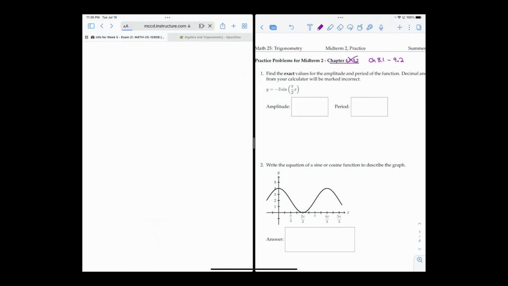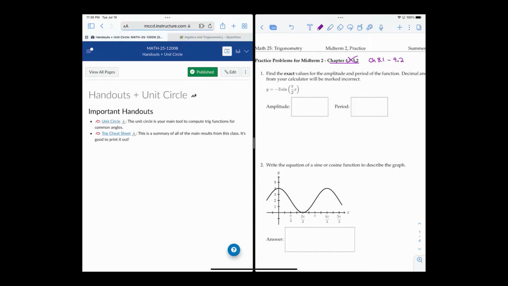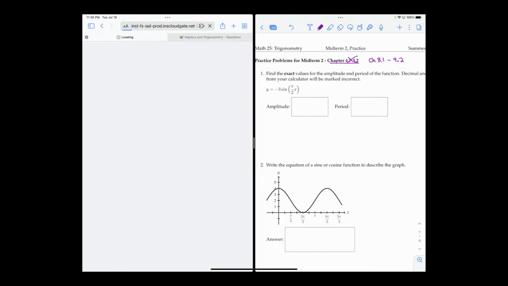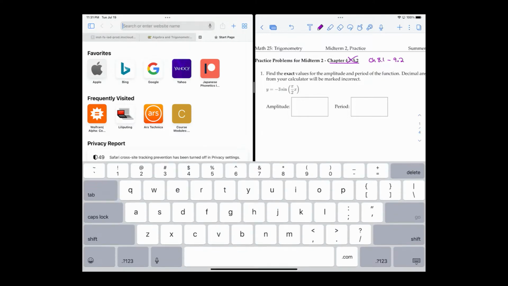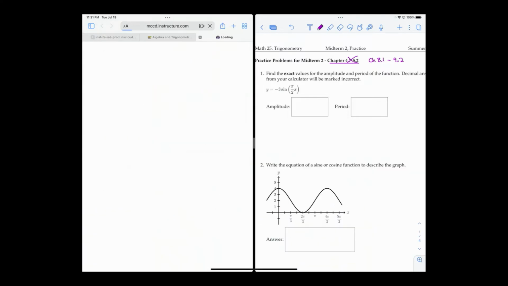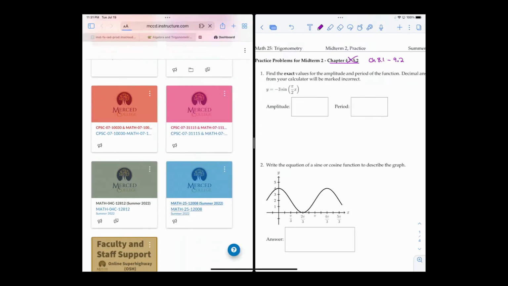That's just another copy of the exam. We're probably going to need the unit circle, so I'll download that. And also we're going to need a copy of our identities probably. So I'm just going to download those as well, and then we'll get started.